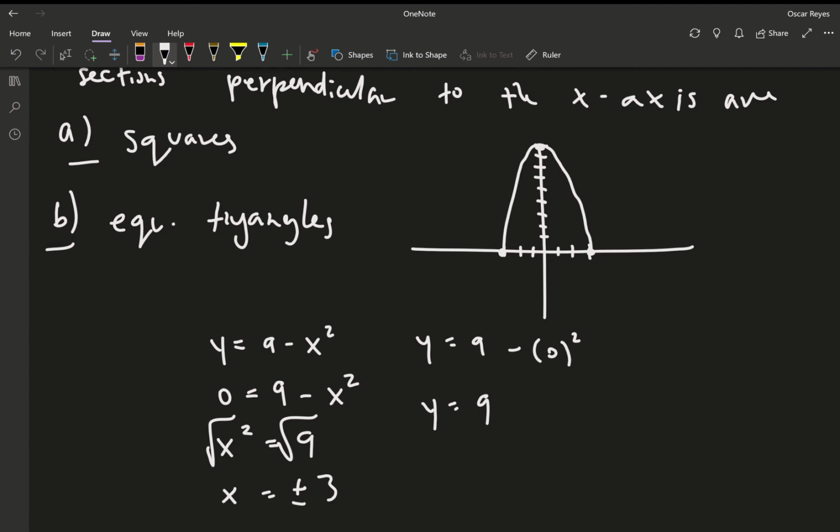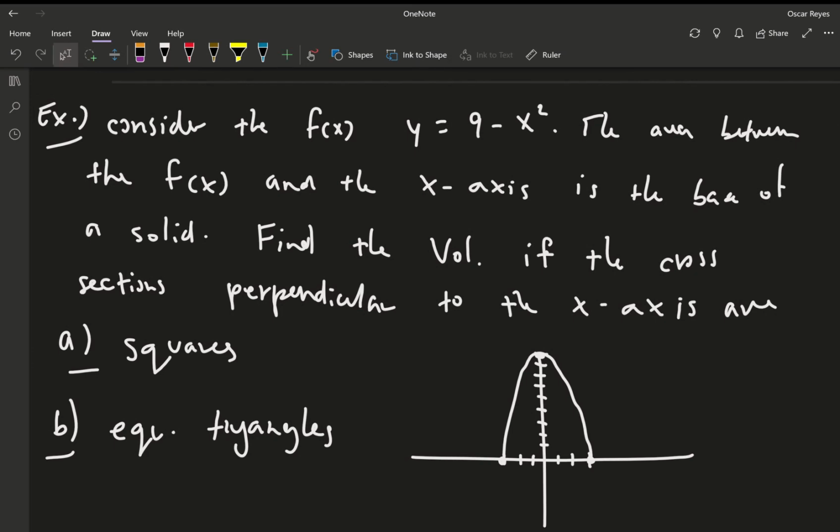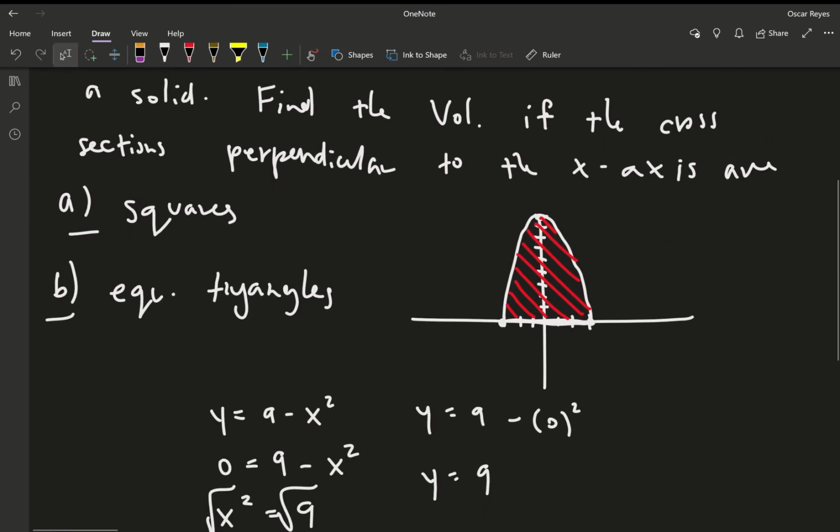Okay, and so we go back to the example. The area between the function and the x-axis. So the area that we're looking for is this area here, where these two meet. So let's go ahead and erase this.